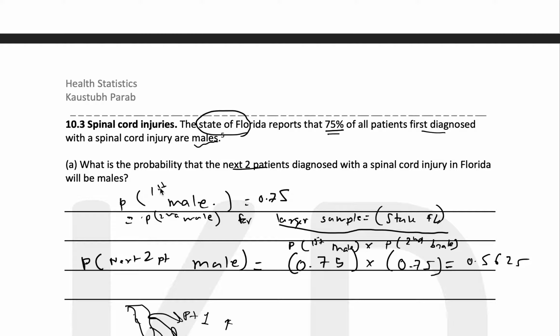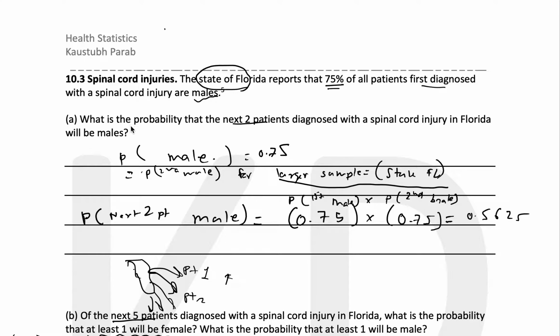The reason I have written this first part is because in subtype A they are asking the probability that the next two patients diagnosed with spinal cord injury in Florida will be male. So we have to consider that sequence. But simply, the probability of a randomly given person being male is 0.75. So now let's look at the question again.